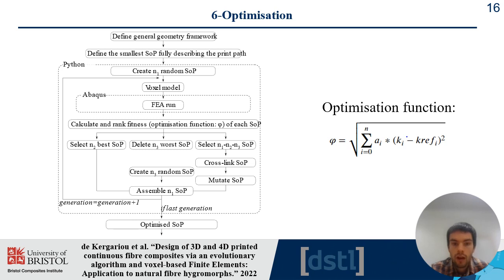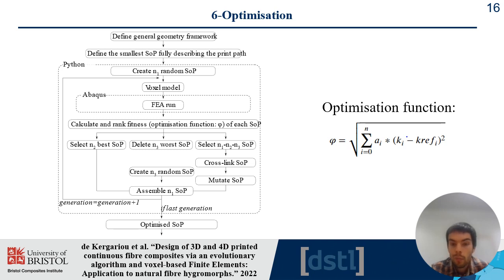The worst are deleted completely, and the rest are cross-linked and mutated like in a normal genetic algorithm, and then assembled with the best ones from the previous round. A new set of random SOPs comes to complement this.